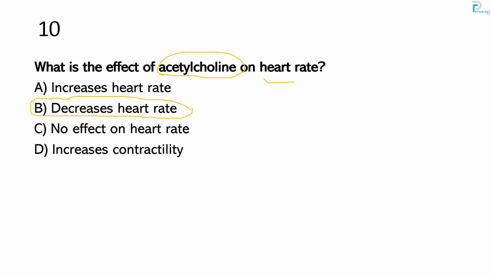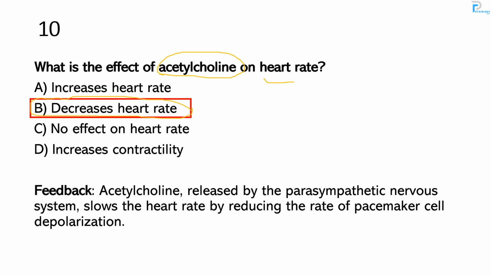So the correct answer here is decrease in heart rate, because acetylcholine is the neurotransmitter of the parasympathetic supply to the heart. So it decreases heart rate because it actually decreases permeability of pacemaker cells to sodium and calcium, and increases permeability to potassium efflux, causing hyperpolarization.